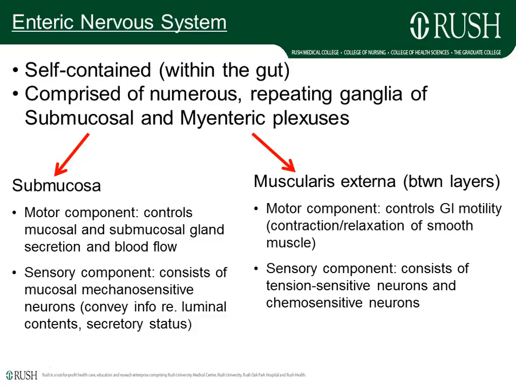In the muscularis externa, which, as you remember from just a few slides back, is between the layers of the smooth muscle in the muscularis, there's a motor component which controls GI motility, peristalsis in other words, and a sensory component which consists of tension-sensitive neurons and chemosensitive neurons that relay information about what's happening in those layers.